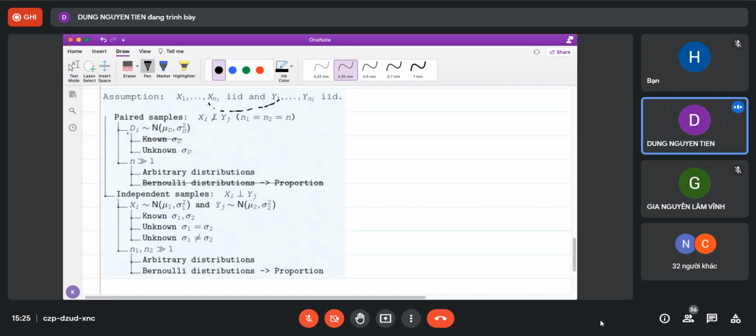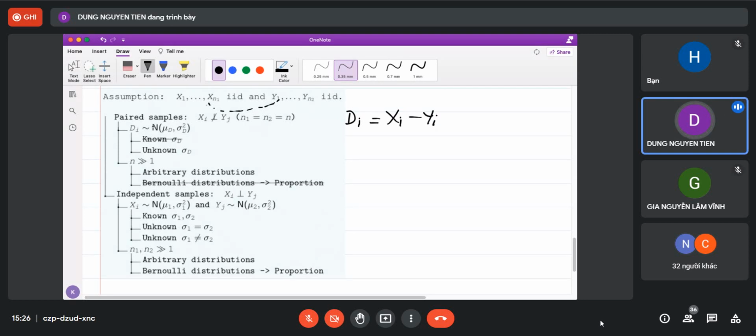Okay. There are 2 cases. In the first case, they are not independent. They are dependent. If they are dependent, then you see that the number of observations in the 2 groups is the same, right? So n1 and n2 are the same, and let's say it is n. All right, and we can consider Di as the difference between Xi and Yi.